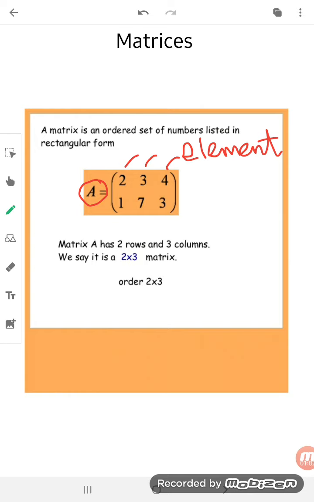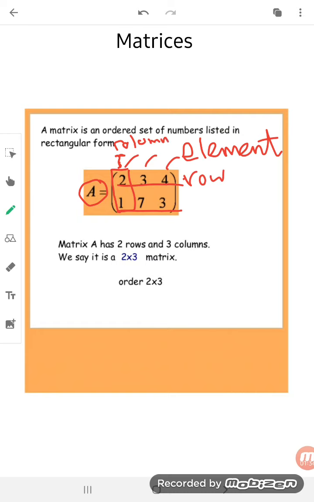Okay, the matrix consists of rows and columns. The horizontal is called a row, and the vertical elements are a column.